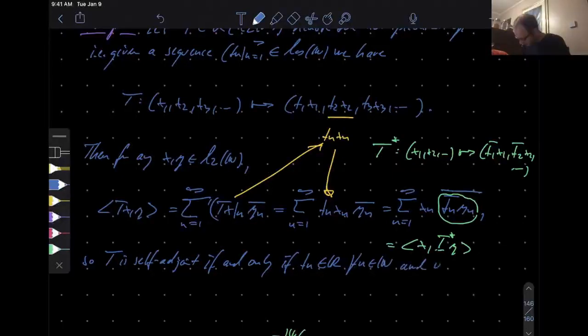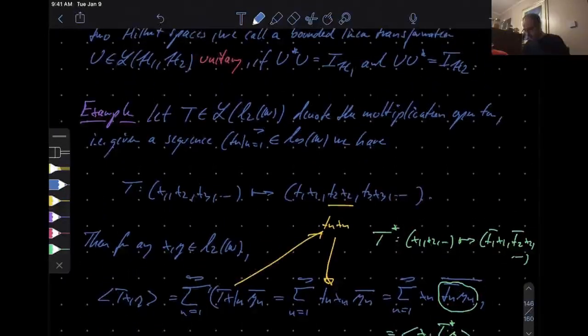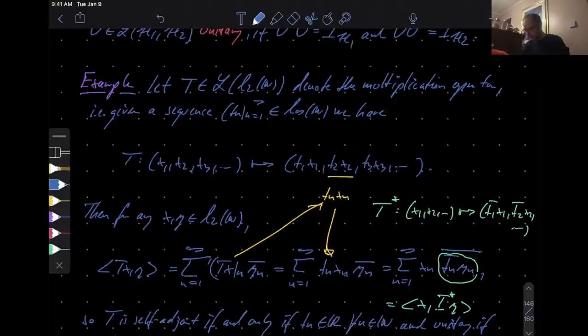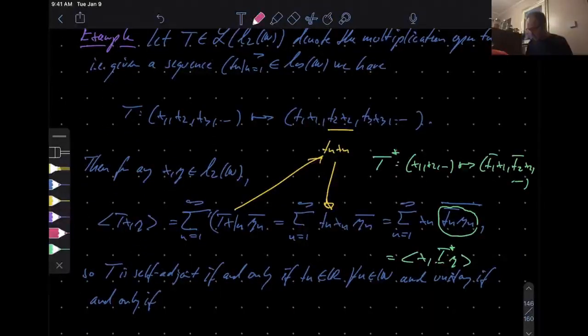And unitary if and only if, well, you have to compute now, of course, that these products, they're still up there. You gotta multiply the adjoint with U itself and U with its adjoint, but that maybe you can do in your head. So if T star, how does it do?